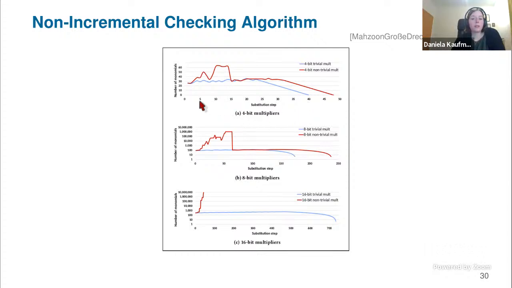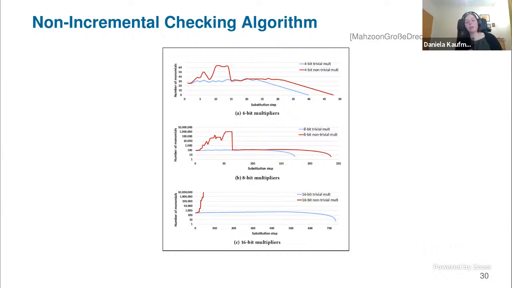But for non-trivial multipliers, we see these big ups and downs, especially a big up in the beginning, before it then drops to something constant and then reduces to 0. For 16-bit, they reached more than 10 million monomials in one of the intermediate results of the reduction, and it also timed out for them.